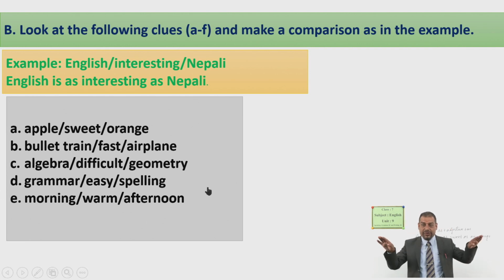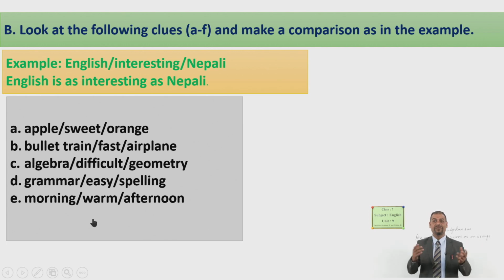So how do you compare between morning and afternoon? And we have adjective there, warm. So what's the sentence for comparison? Well done. That is, morning is as warm as afternoon. Okay? So can you use this structure in your daily communication from now onwards?